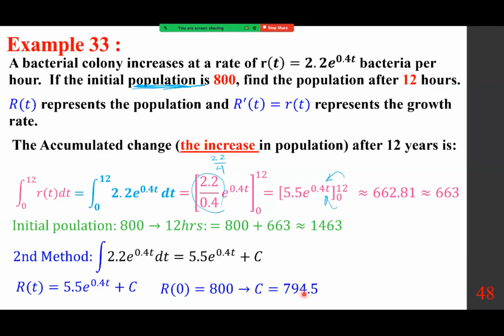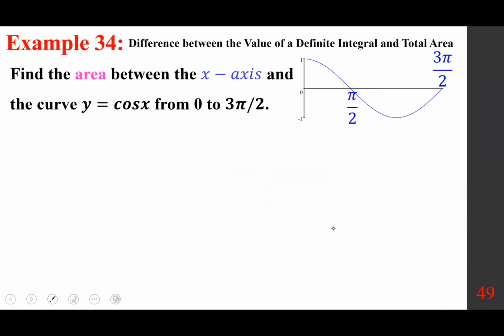That number becomes 794.5, or 800 minus 5.5. So this is your function, and you want it after 12 hours. You plug in 12, and you will get the same answer. Again, you can do it through different methods. Both are good.